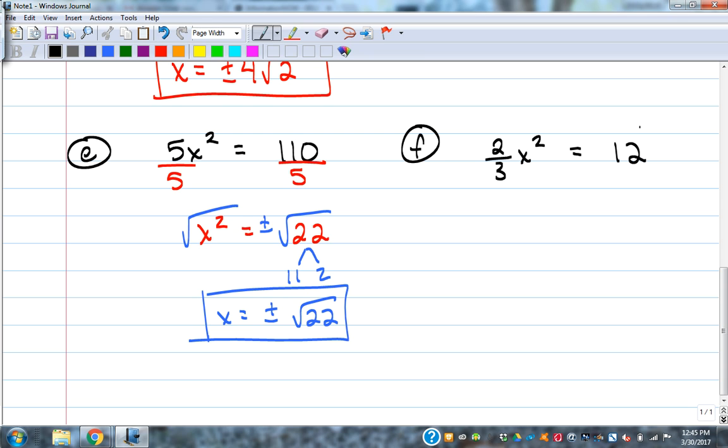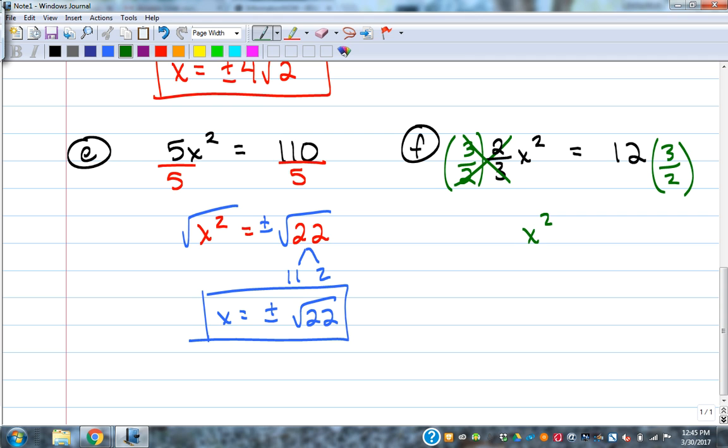Throw a fraction in there because that makes it infinitely harder, right? It's easy. More times equals more marbles. What do you do to get x squared by itself on this one? Reciprocal. We multiply by 3 over 2.